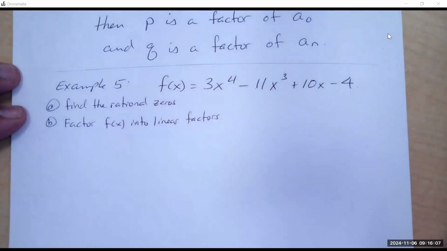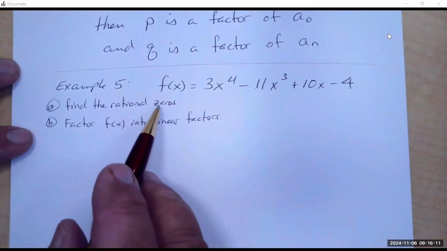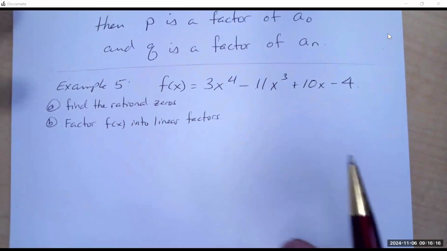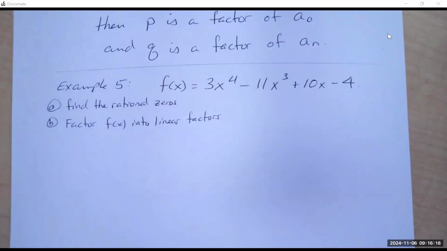So find the rational zeros, and then once you find the rational zeros, we have to determine which ones are the actual zeros and put them into linear factors of the function.